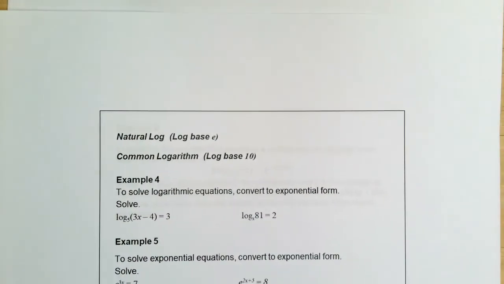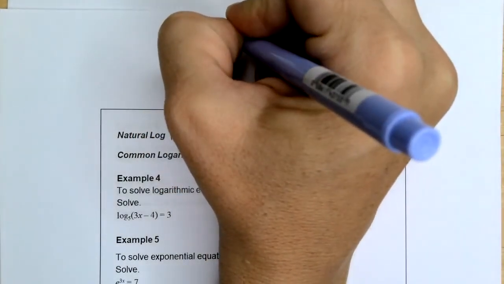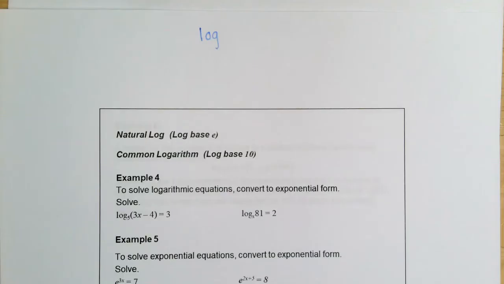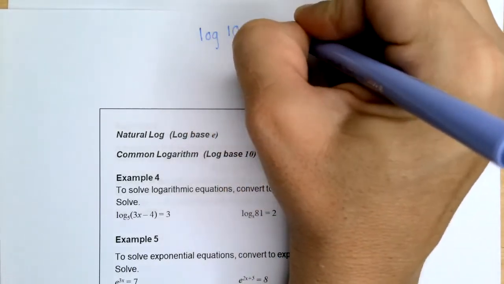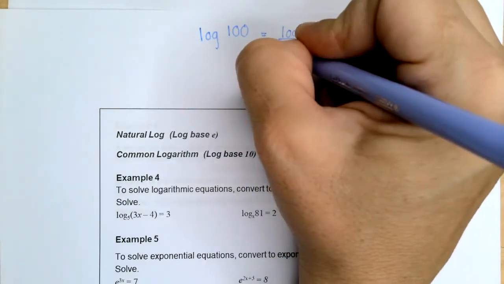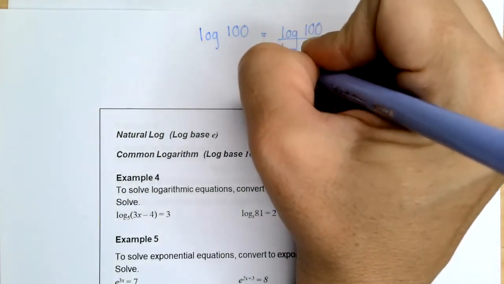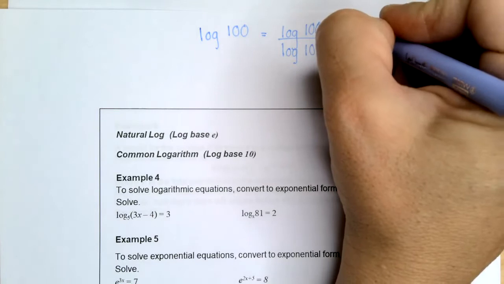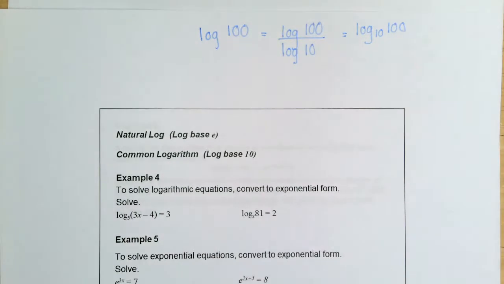Now on your calculator, you have the log button, which we discussed has an understood base 10, right? So if I just said log of 100, that is the same as saying log of 100 divided by the log of 10, or log base 10 of 100.